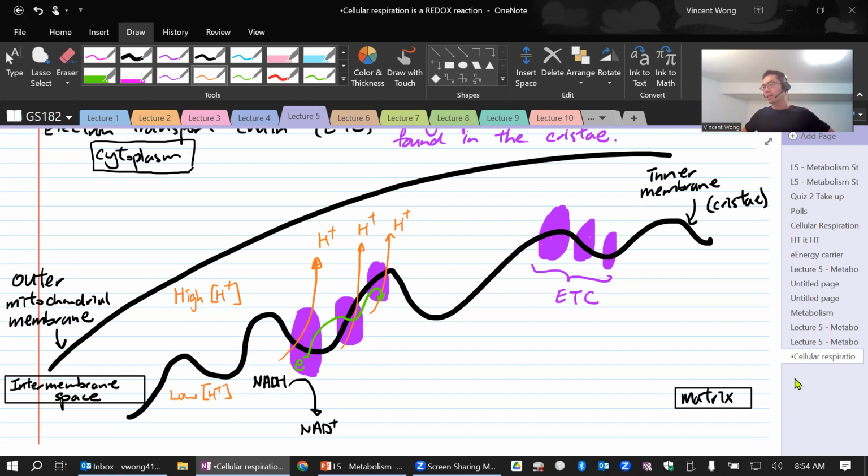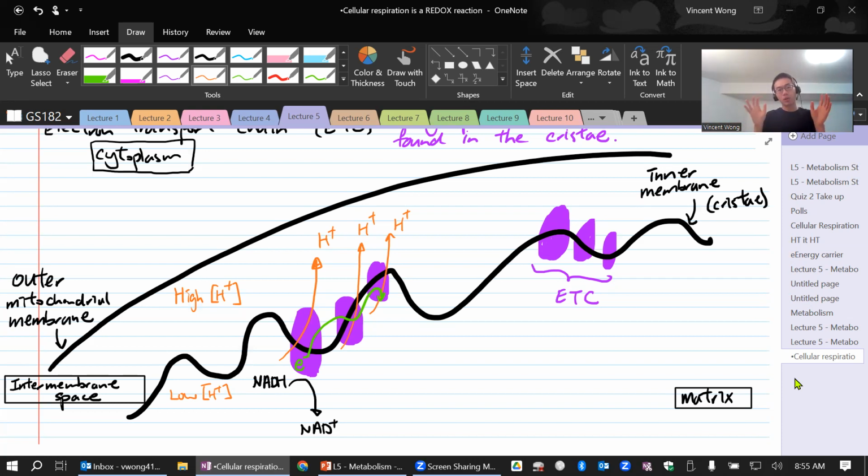Medicine said matrix. Anyone else? Kiana said inner membrane, but the inner membrane is a barrier, right? So you can't go into the inner membrane. Ramon said matrix because it's low concentration. Yeah, that's correct, right? So let's put all those together.